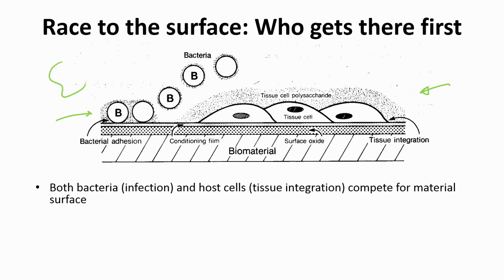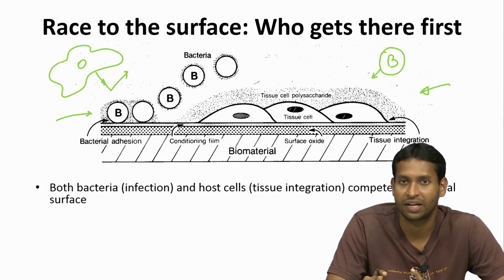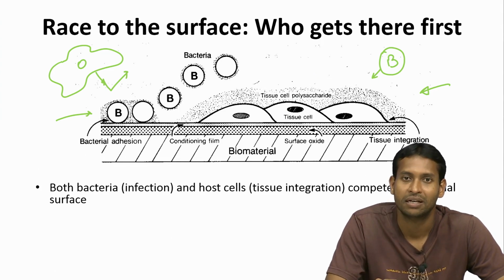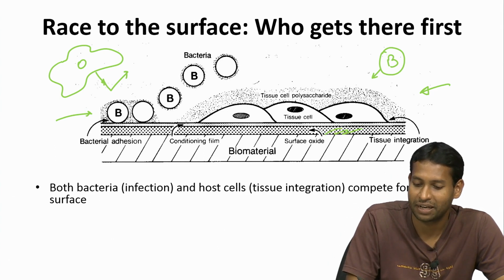If a mammalian cell is trying to come, these cells can essentially repel it, because there is no conducive surface for it to attach to. The same thing happens with the bacterial cell. Once the mammalian cells are there, if a bacterial cell tries to attach, the tissue ECM and tissue cells do not let the bacteria colonize that surface. The body is well adapted to take care of anything natural that is present, so that it does not get infected with bacteria, but for anything unnatural, the body really has no control.